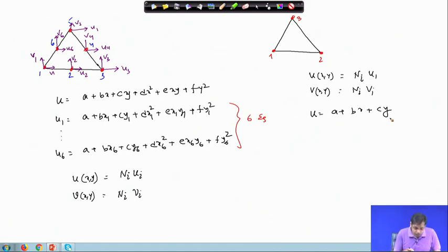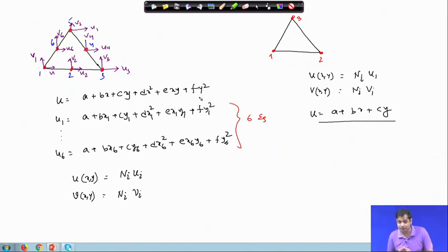That much we could afford for the 3 noded triangle, because we had only 3 nodes, and therefore the information is available only for 3 nodes, which helps us calculate only 3 unknowns. That was the reason why we had just a linear approximation. But here we have 6 nodes, so we can approximate the field variable with a quadratic approximation like this.